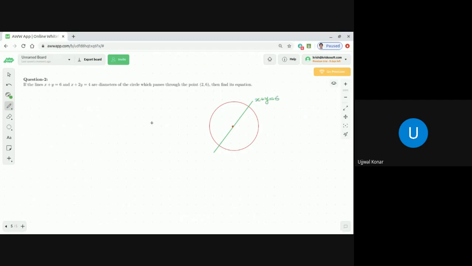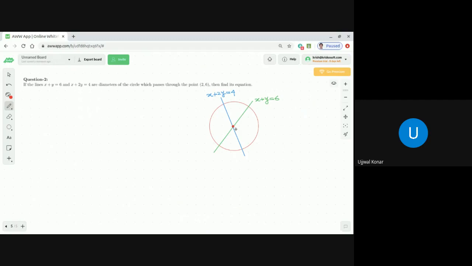And the other equation, dear students, is x plus 2y is equal to 4. Now their point of intersection is at the center.